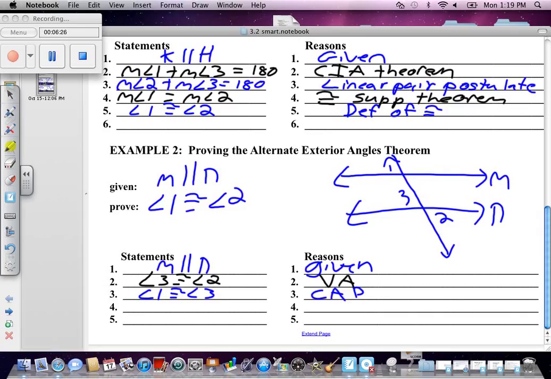Corresponding angle postulate. CAP. Corresponding angle postulate. Now we've got 3 is congruent to 2, and 1 is congruent to 3. So, transitive, good. Angle 1 is congruent to angle 2 by the transitive property.